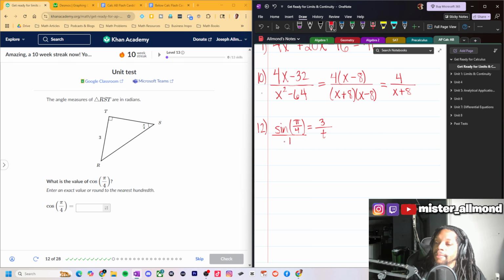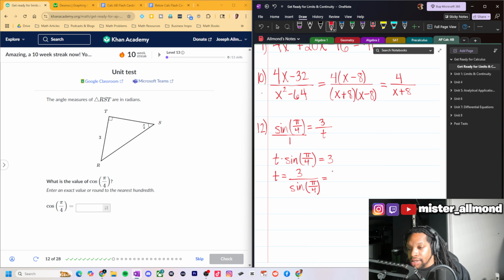All right, so I'm going to cross multiply: t times sine of pi over 4 equals 3 times 1, which is 3. And then I'm going to divide by sine of pi over 4 on both sides. So, boom. That is what we can do to solve for t.